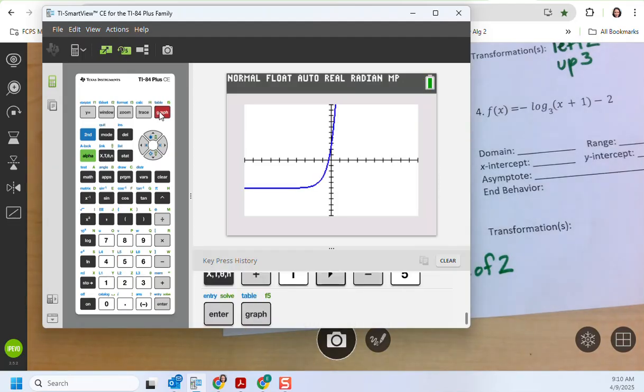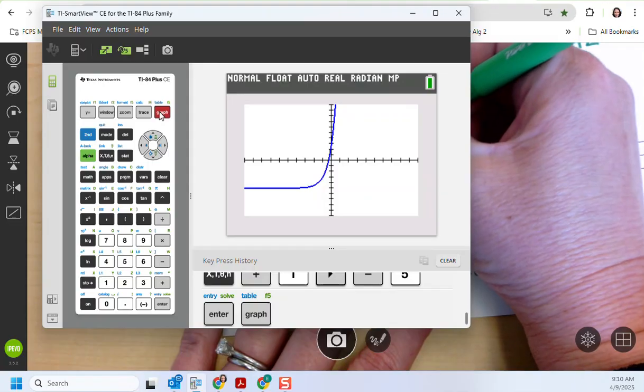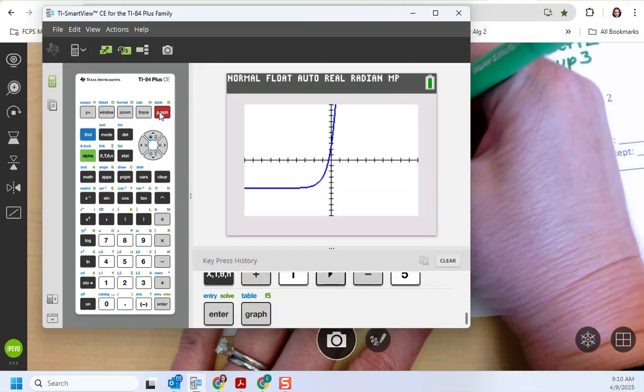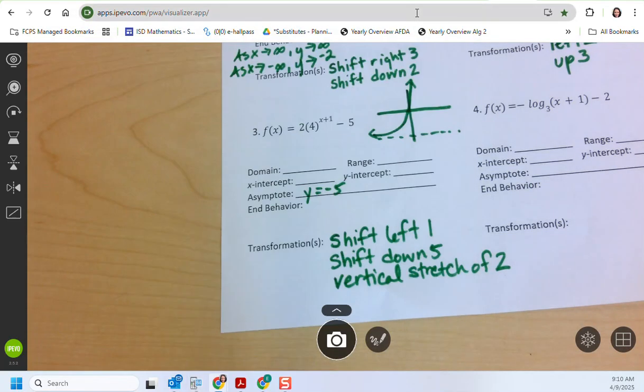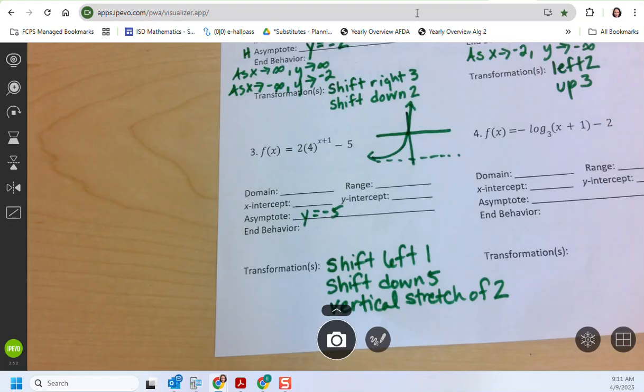Okay, so this is my shape. So I'm going to sketch it in. There we go. So now we have the information we need to answer the questions.